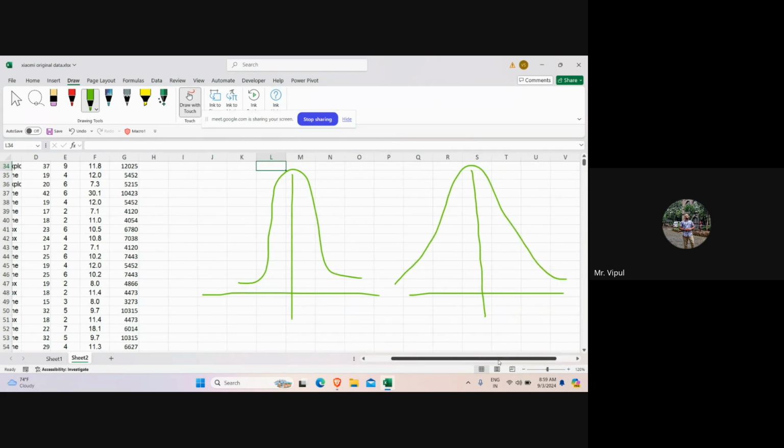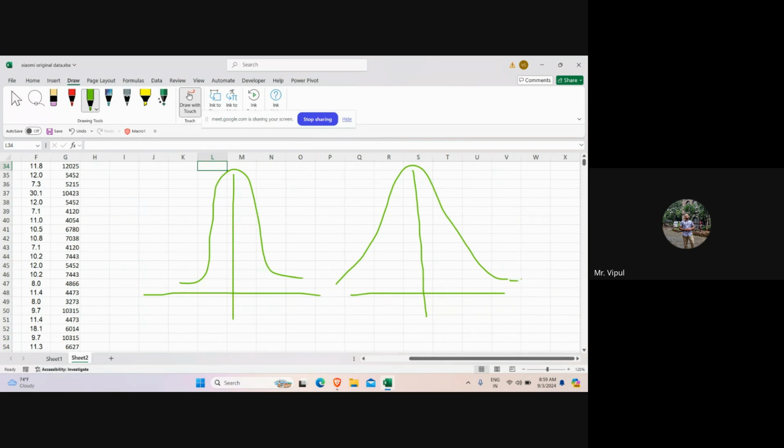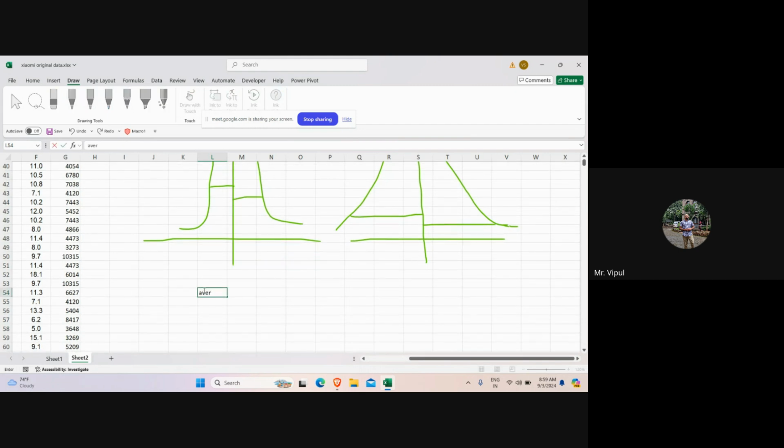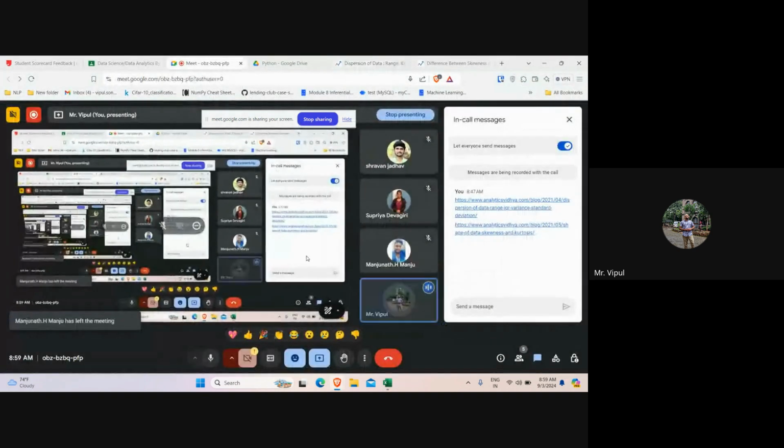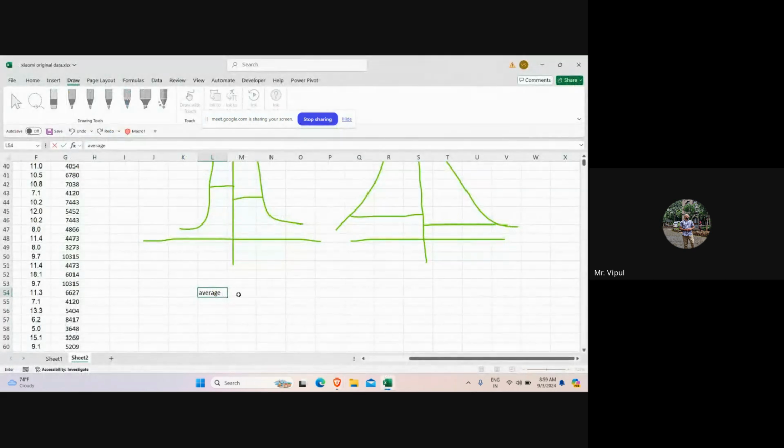So what will be the variance of this one? The variance will be low. What is the variance for this? It is high, right? See, the variance formula is the average squared distance of each data point with respect to the mean.